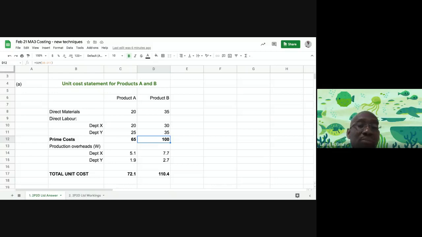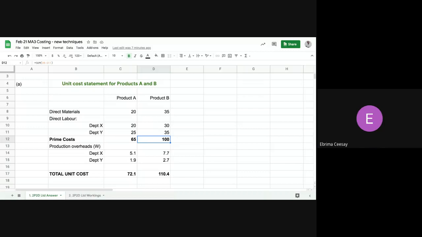You don't want to do it one by one because it's going to take time. So type your details on the main MA3 group on the WhatsApp. Then the class rep will put them together, and I'll put them on the register because registration is very, very important as far as I'm concerned. Thank you.